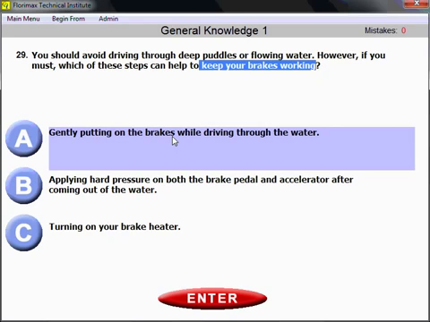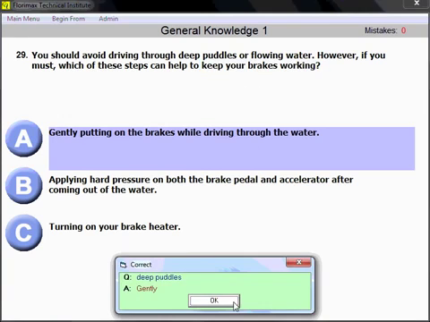You don't have to brake all the way down. You just gently put a little bit of pressure on the brake pedal, and that prevents the brake pads from getting soaked. All right, deep puddles, gently.